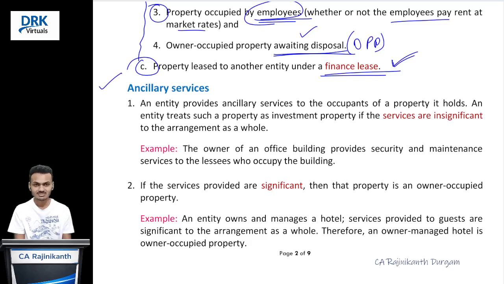For example, if entity is having an apartment with 10 flats and that apartment is given on rent to the tenants, if the tenants are employees, obviously it is owner occupied property. That is another case.